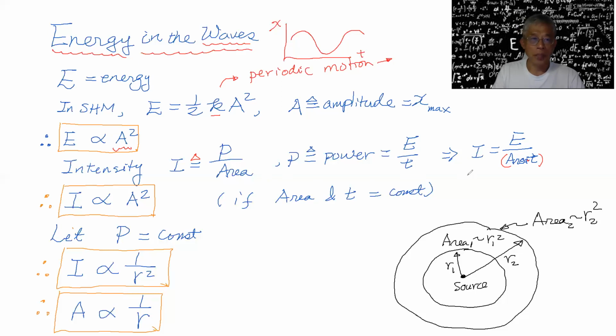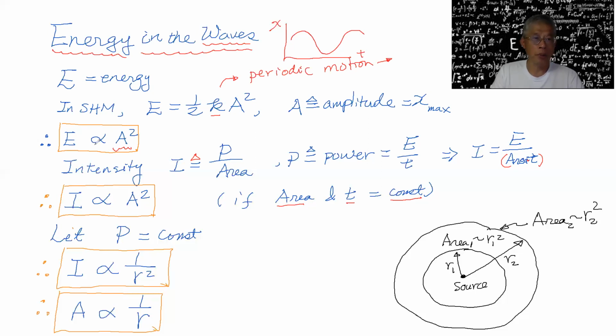Now, if area and time are constant, then your intensity must be proportional to A squared too, because I is E just divided by area and time. So I and E behave similarly.